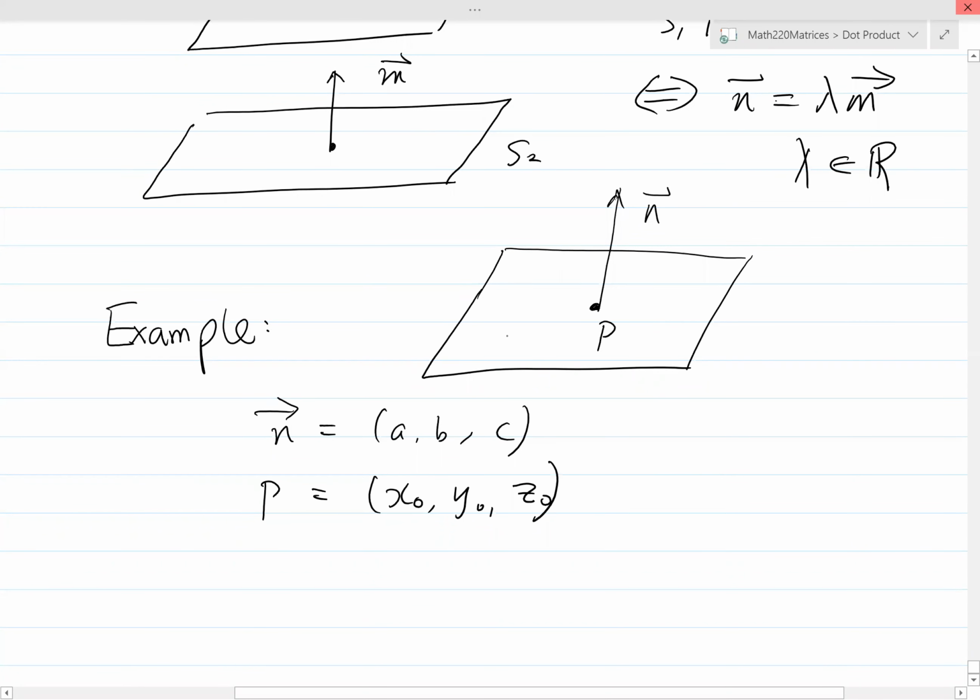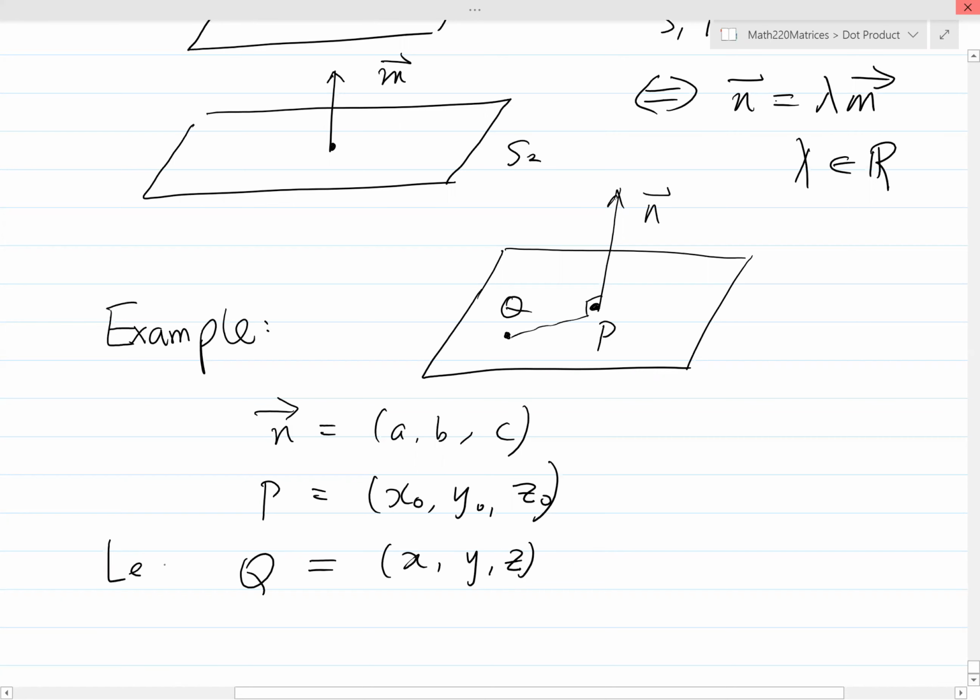Now take any point Q on this plane, Q being (x, y, z), an arbitrary point.